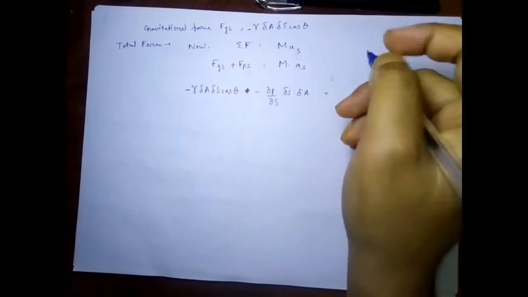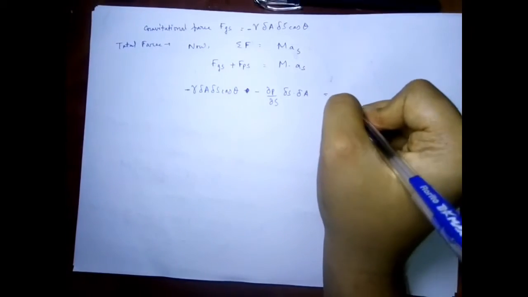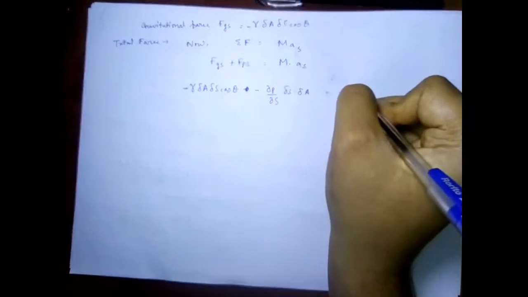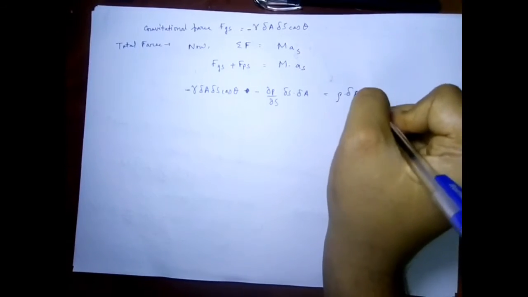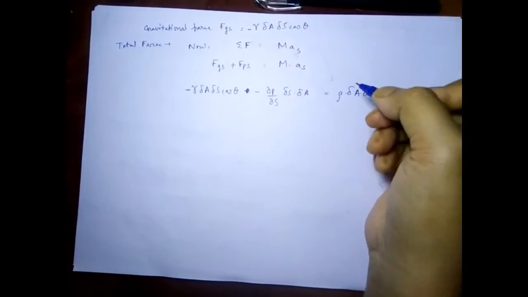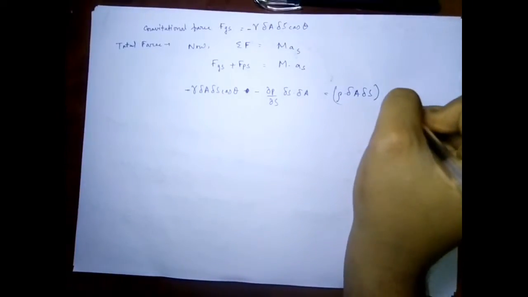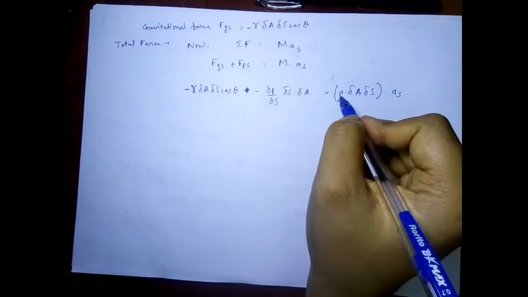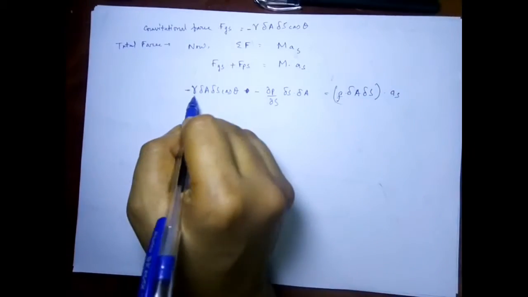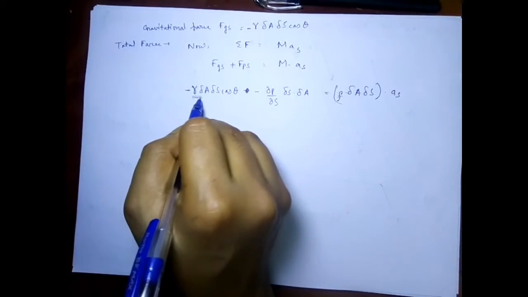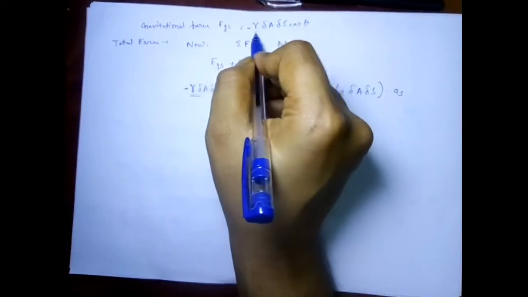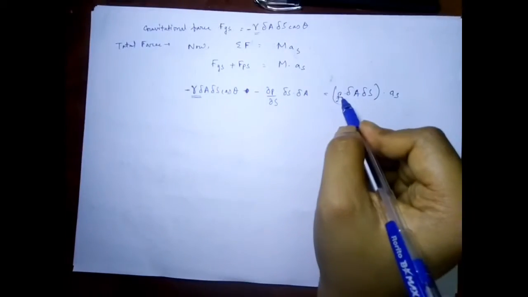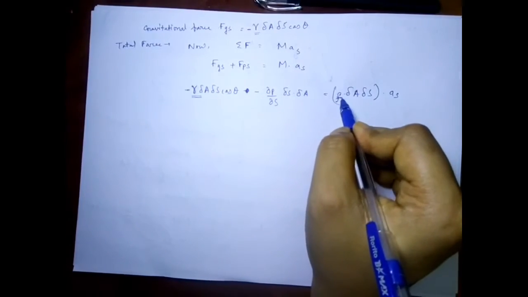And mass will be rho delta A delta S multiplied by the acceleration. Note one thing, gamma was the specific weight and rho was the density. Because the weight was considered, I multiplied gamma over here, and now only the mass is being considered, so I am multiplying rho.